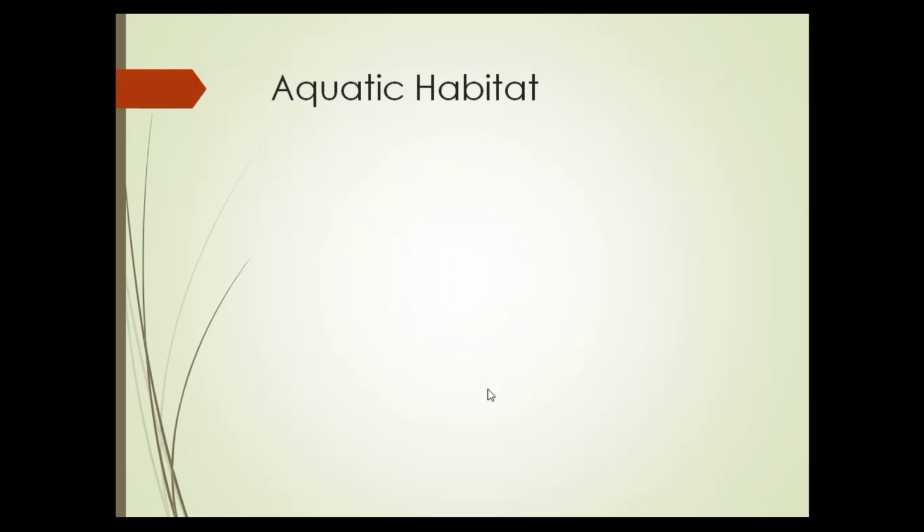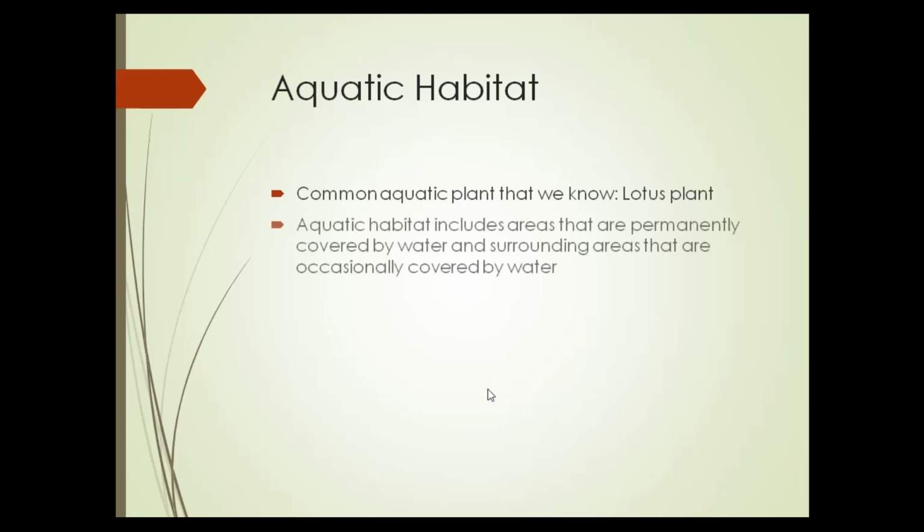Aquatic habitat. A common aquatic plant that we all know should be lotus. Usually, aquatic habitat includes areas that are permanently covered by water and also surrounded areas that are occasionally covered by water.